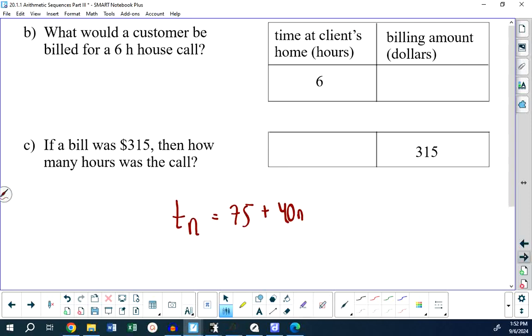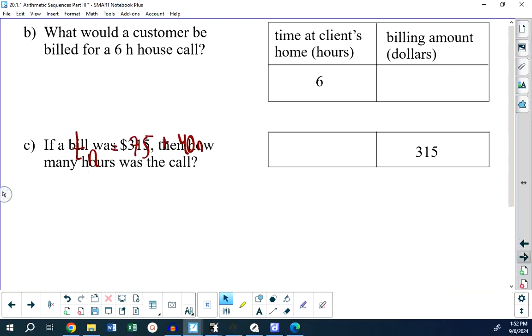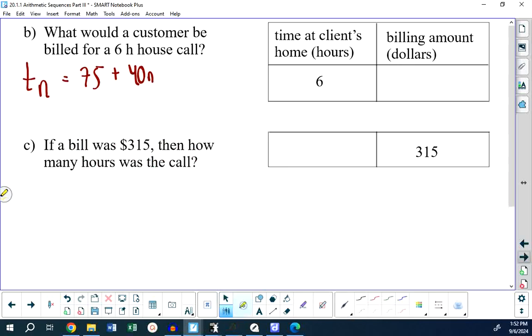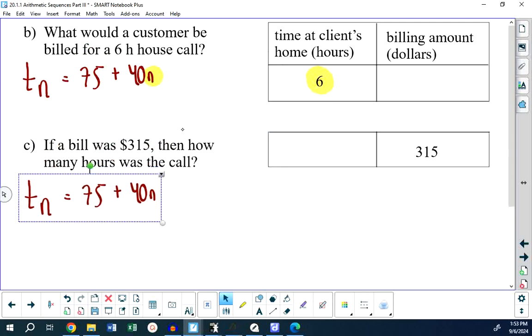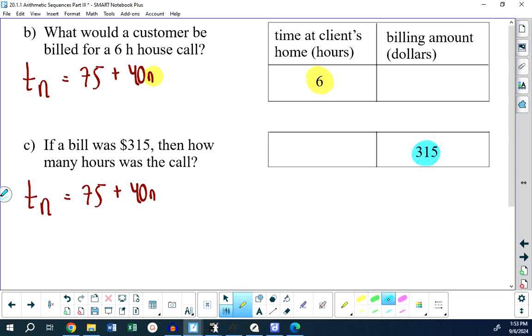What is going to happen in B is that we are going to put this in for n and find the other thing. Whereas what is going to happen in C is that we are going to put this in for Tn and find the other thing.